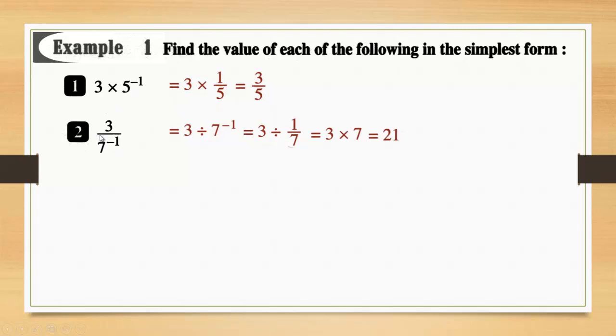But in this example, the sign means division. So 3 divided by 7 power negative 1 means 3 divided by 1 over 7, which equals 3 times 7 equals 21. We changed the division sign into multiplication and changed the fraction 1 over 7 to 7. Example number 3, 7 power 2 over 7 power negative 2 all power 0. We agreed that anything power 0 equals 1.